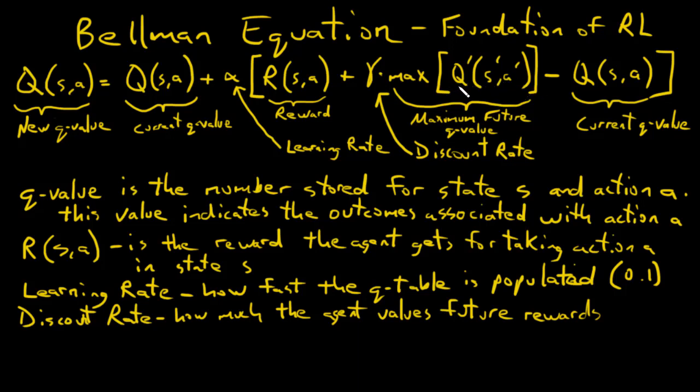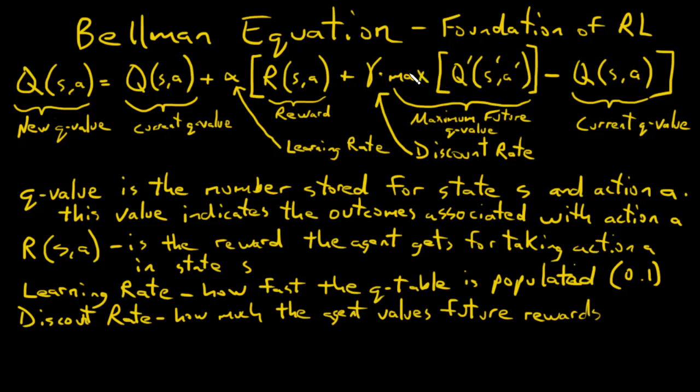So it looks at where you're currently located, the action that you're about to take, and sees what the maximum reward is possible for that action. So if I have the discount rate really high, that maximum value is going to weigh heavily in my decision on what to do.